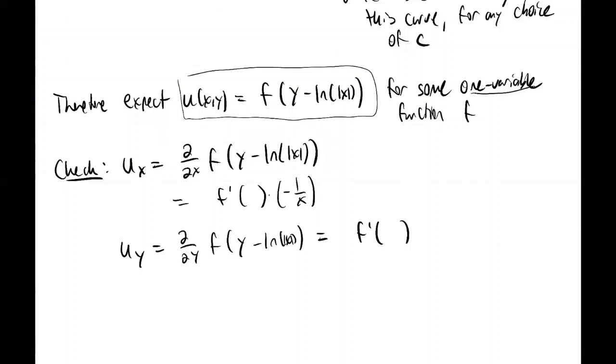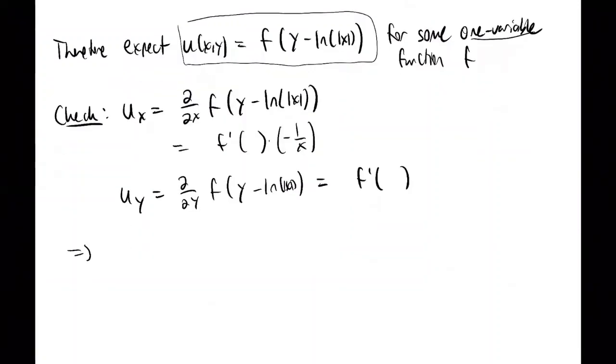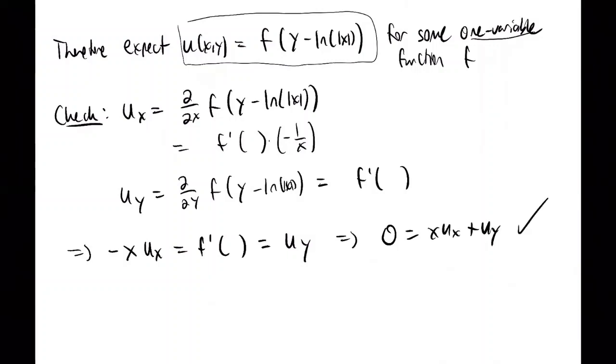Well, this tells me then, again, ux and uy almost agree up to this negative 1 over x. So this tells me that if I multiply ux by negative x, then I get f prime of this quantity, and so that's equal to uy. Right, and so therefore 0 is equal to x times ux plus uy, which is what we wanted to solve.